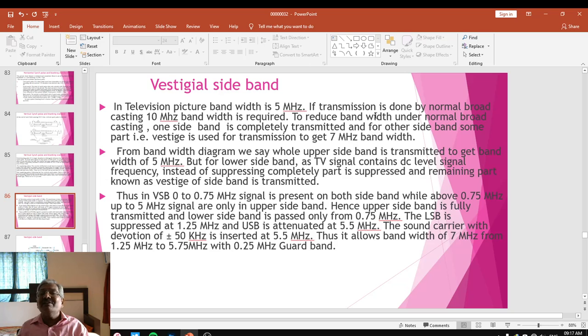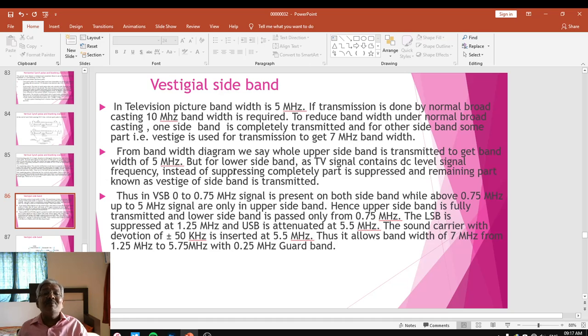To reduce bandwidth under normal broadcasting, one sideband is completely transmitted. The upper sideband is completely transmitted, and for the other sideband, some part called a vestige is used for transmission to get the 7 MHz bandwidth. This is what you call VSB, vestigial sideband.